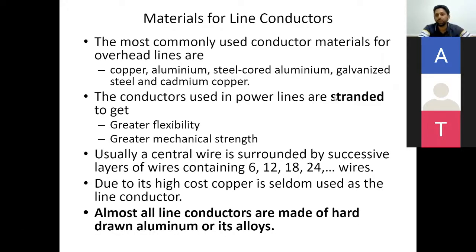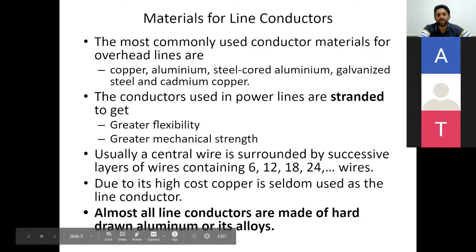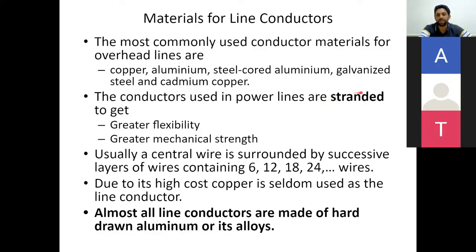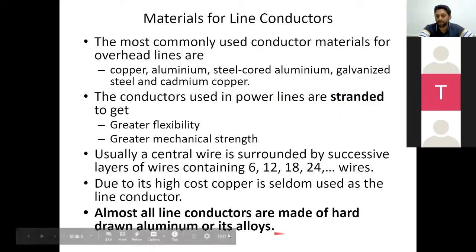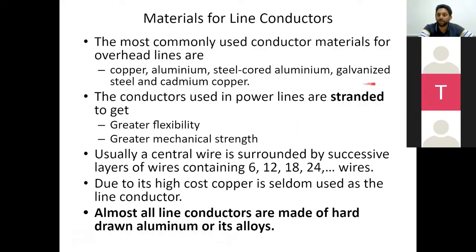Instead, they are made as stranded conductors. I think you can see this pointer, right? Are you able to see the pointer? Yes. It is a pink one. Okay. So the conductors used in power lines are aluminum, and they are not made as a thick conductor, but as stranded.